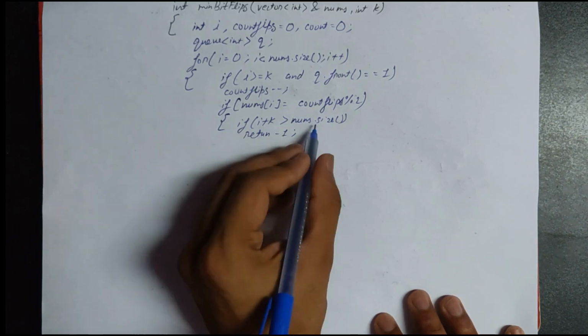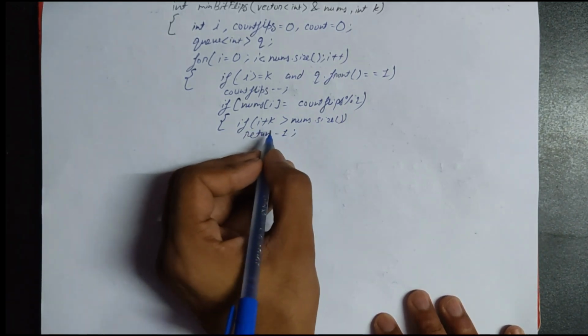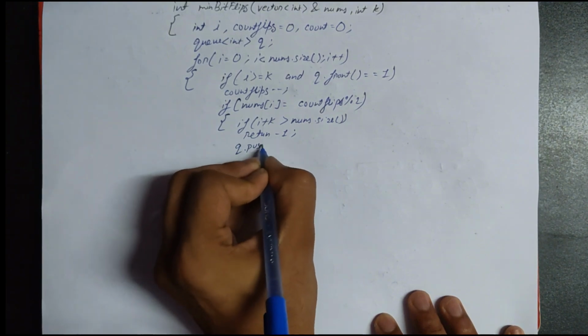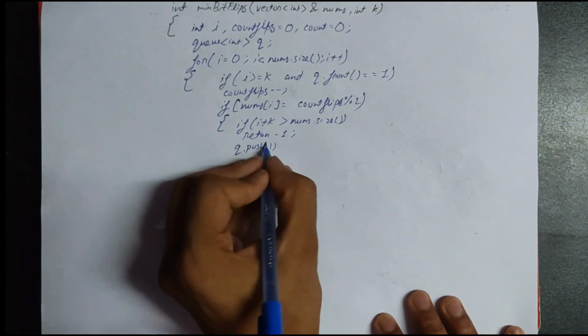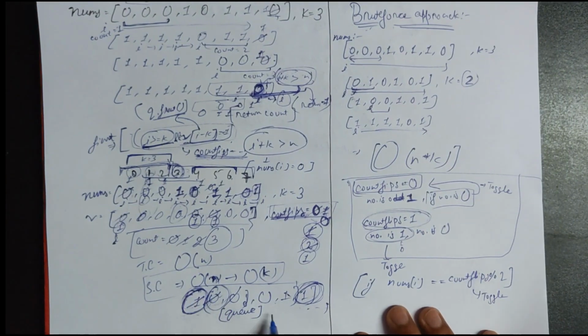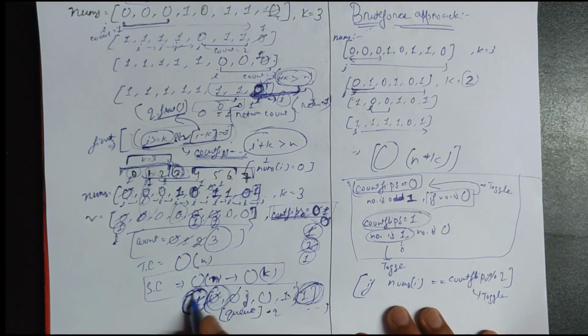And if this condition is not satisfied, in the else case, we have to push the value 1 in the queue. As I declared the queue, in the queue we have to simply push the value 1 if we toggle the value and push value 0 if we didn't toggle the value.